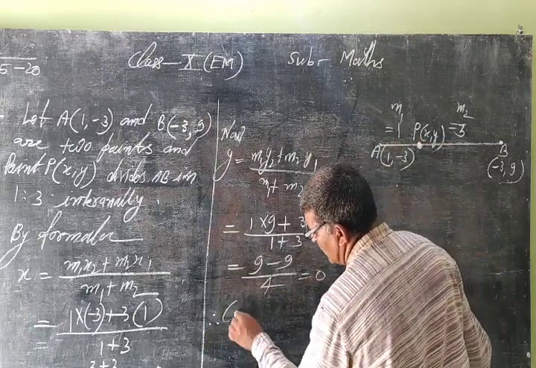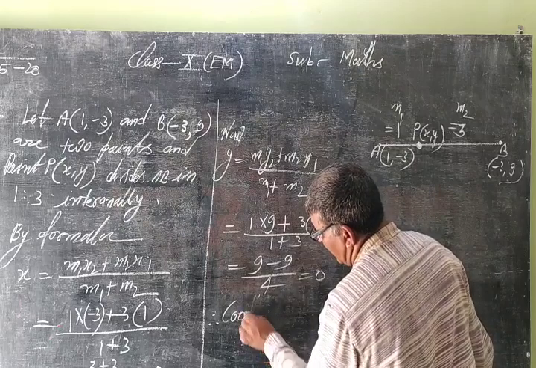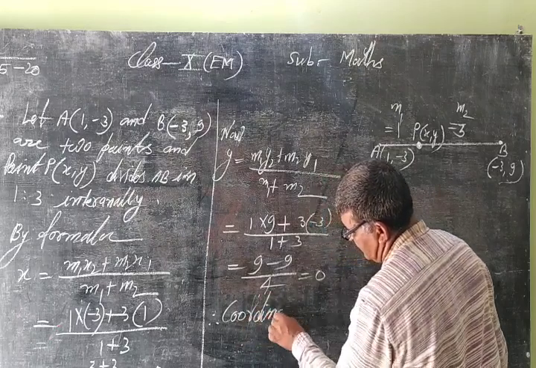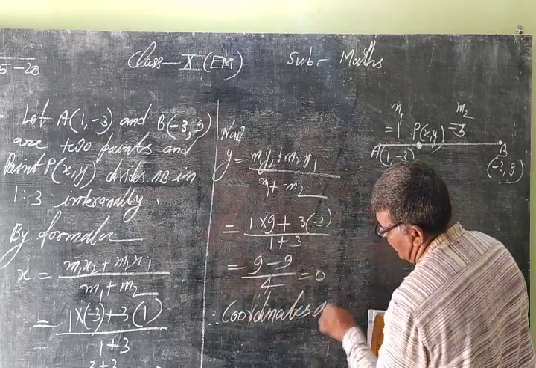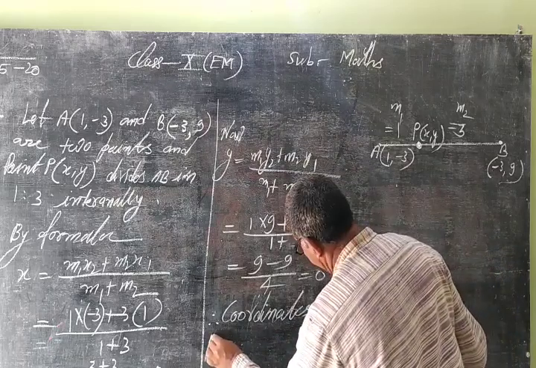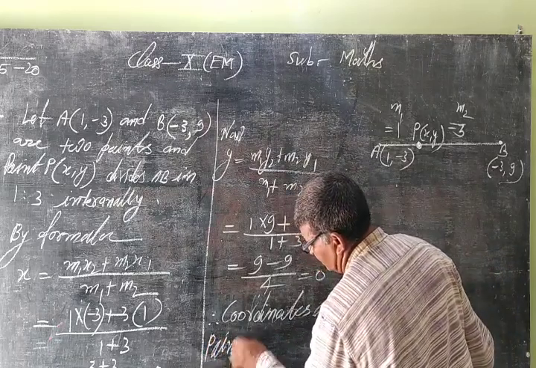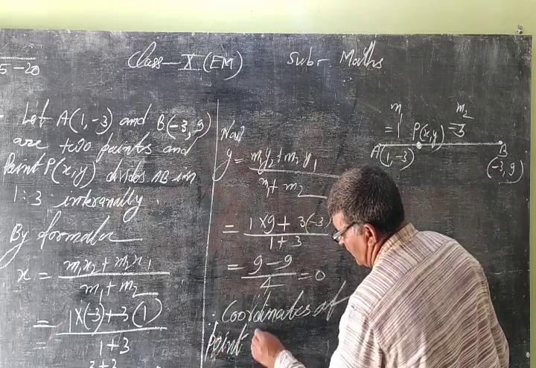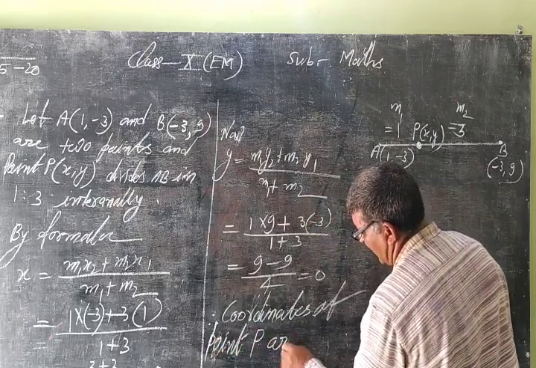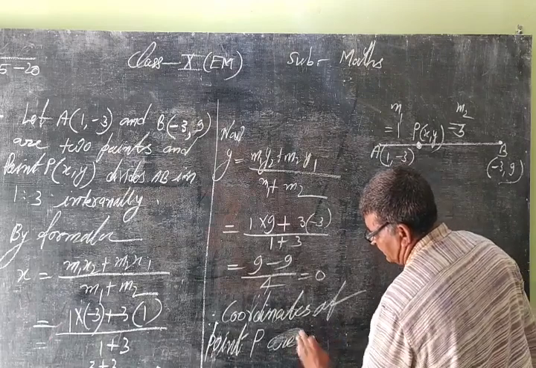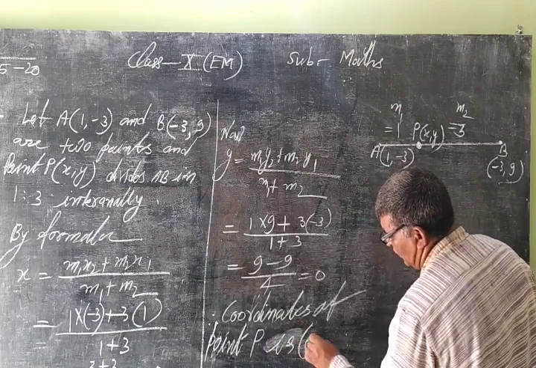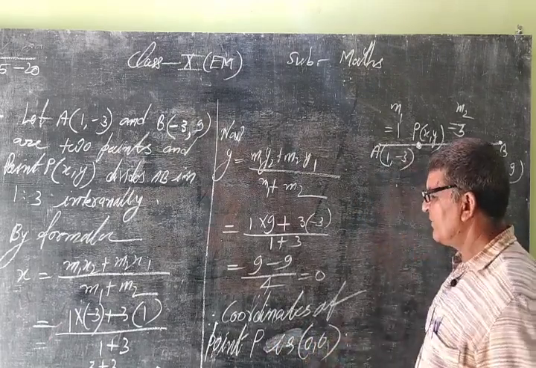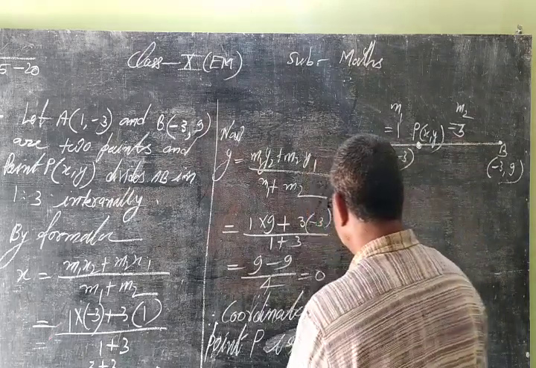Therefore, coordinates of point P are (0, 0). इसका बेटे कोऑर्डिनेट 0 0 है.